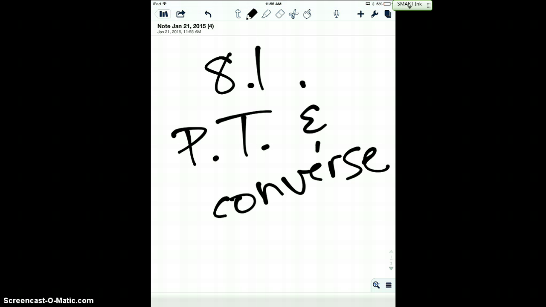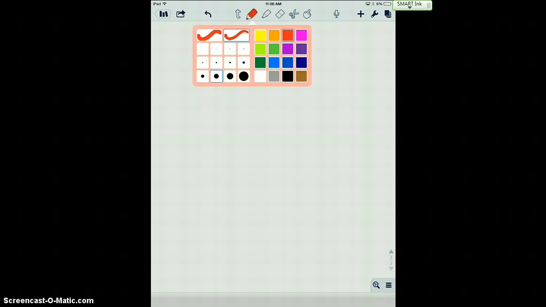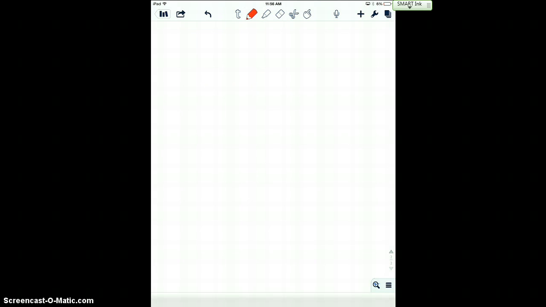But if I were to say it, if a triangle is a right triangle, then what happens? If you have a right triangle, what happens? Fill in the blanks. See if you can fill in the blanks.